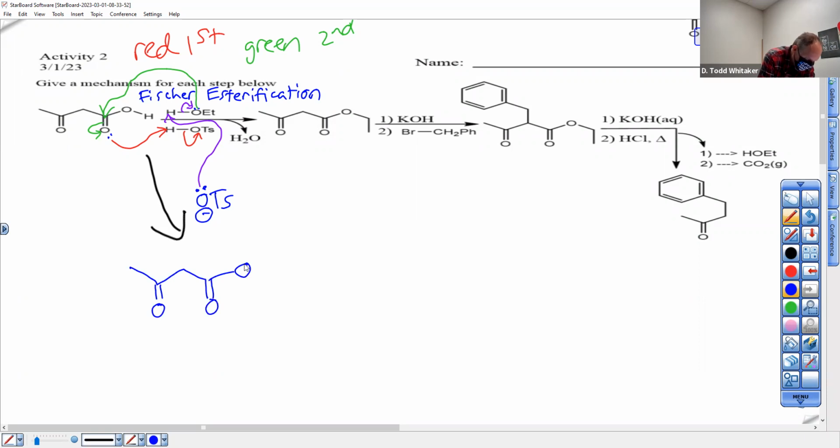No, we don't have an OH. Here we do. We don't have a carbonyl anymore. Sorry, got to do a quick assessment here. We have an OH there, don't we? And we have the OH from before. And the new guy is OEt.